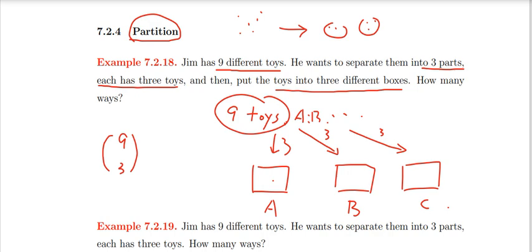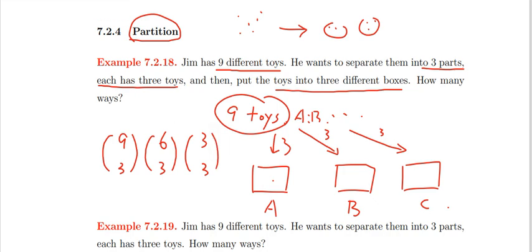So put it to A. Then by now we have 6 toys, right? So from the 6, we just pick 3, put the 3 into box B. And now we have 3 toys left. So we put these 3 into box C. So choose from 3, we choose 3. So this is how many ways? Number of ways.